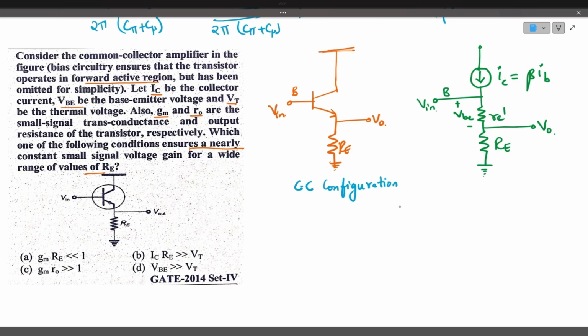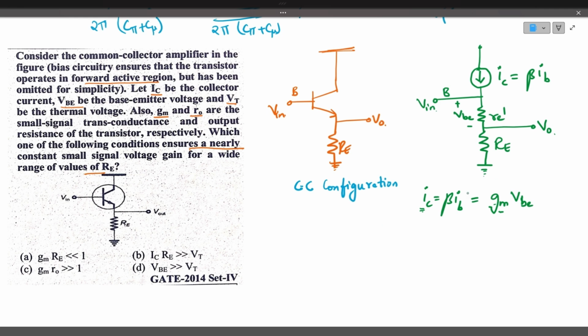So now, this collector current IC, which is equals to beta into IB, can also be written as GM transconductance multiplied by VBE. Okay. How it can be written? Because the reciprocal of a transconductance is nothing but impedance. So voltage by impedance is nothing but current again. Okay. Hope you understood this.